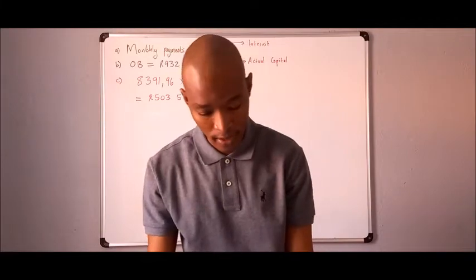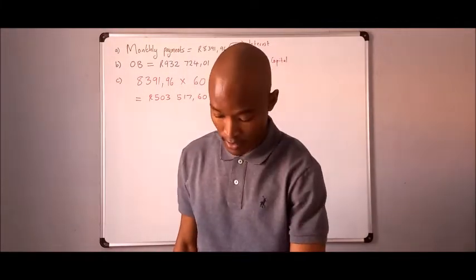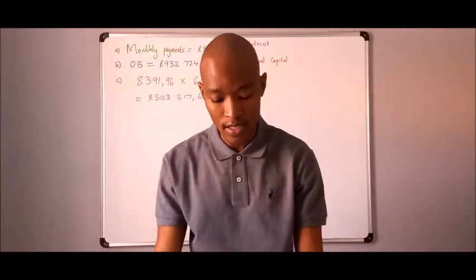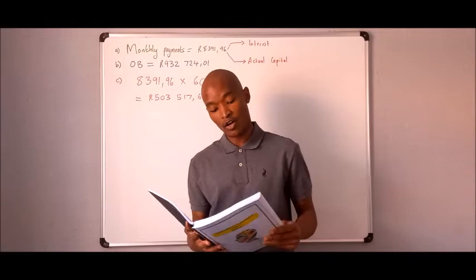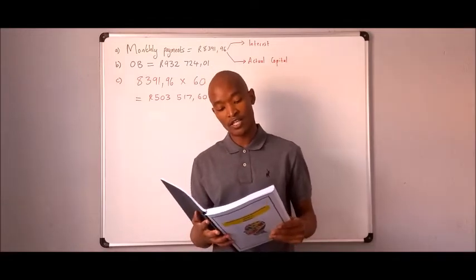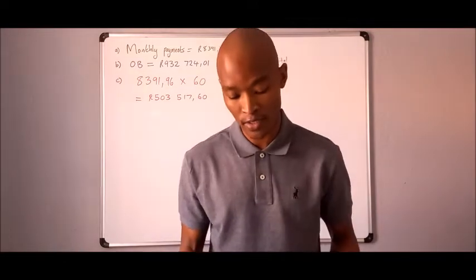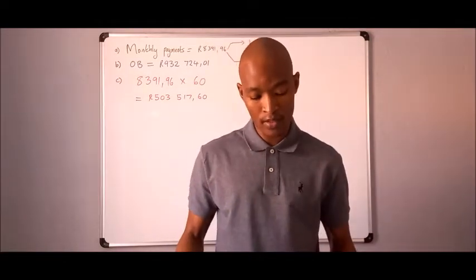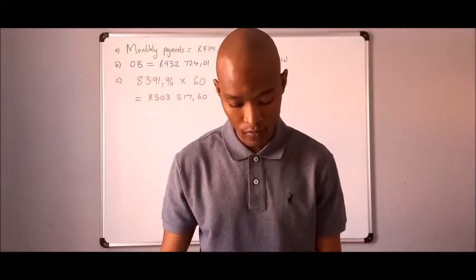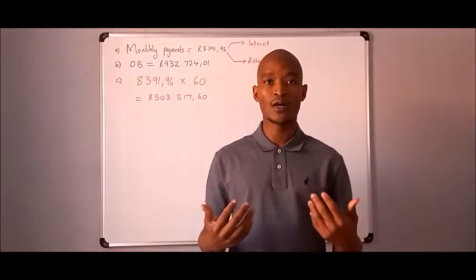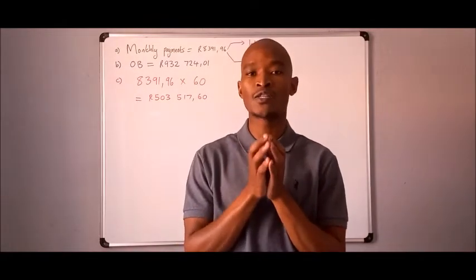Now look at D. Question D says, how much of the actual capital has been paid on the loan at the end of 5 years? And I gave you the inquiry table there. So what are we doing here? We are calculating the portion of the loan that was paid off.